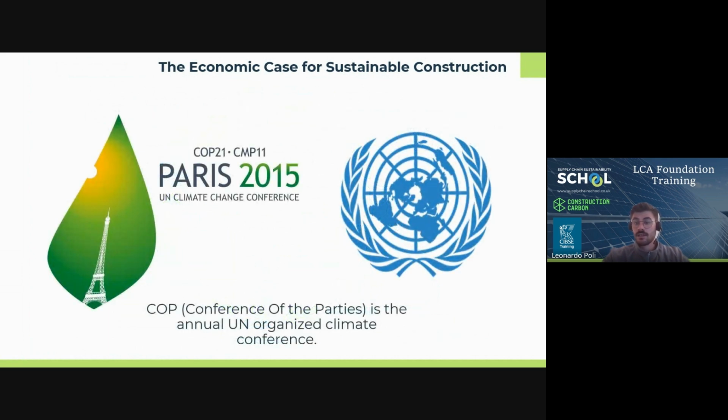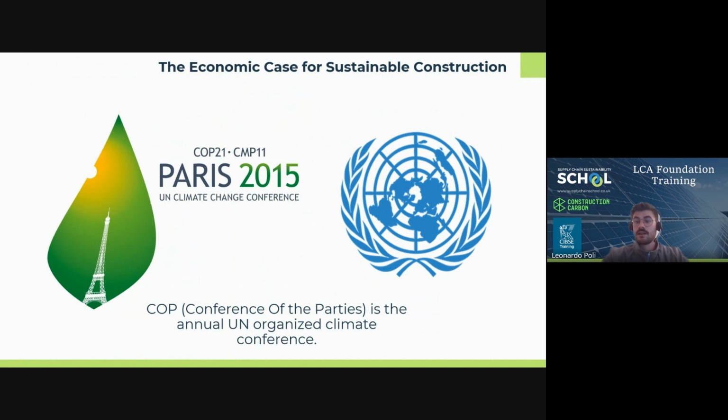The United Nations, or UN, as a result of the Paris Agreement of 2015, is unsurprisingly a leader in this. The 2015 Paris Agreement on Climate Change, or COP21, under the auspices of the United Nations, committed national governments to reducing carbon emissions with the goal of keeping the temperature rise to well below 2 degrees and to pursue efforts to limit the temperature increase to 1.5 degrees above pre-industrial levels.